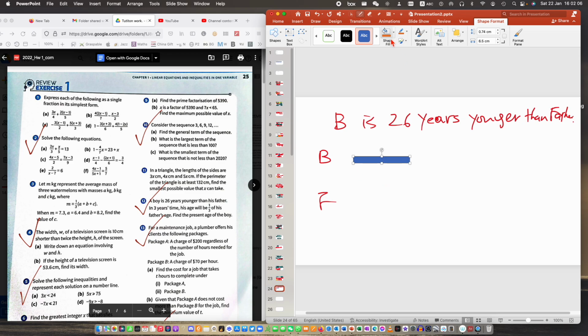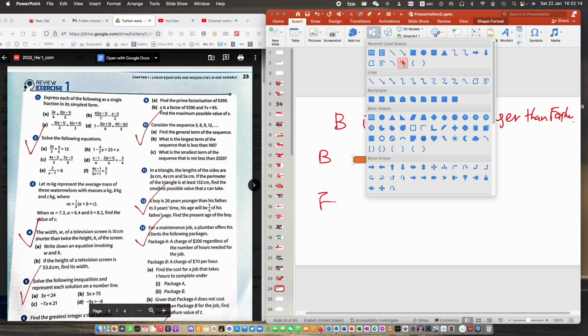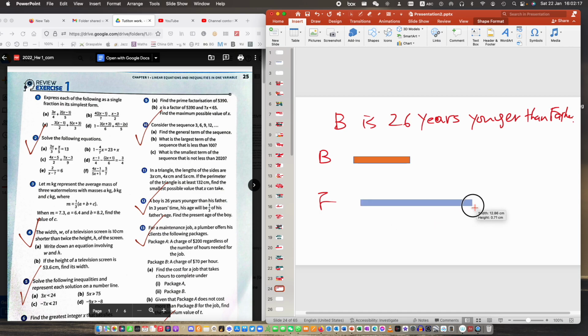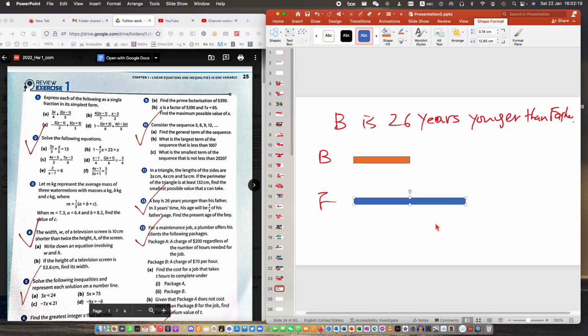So this is the boy. So is the father bigger or longer or smaller? Longer, right? So now form an equation. Longer by how much? 26 years.